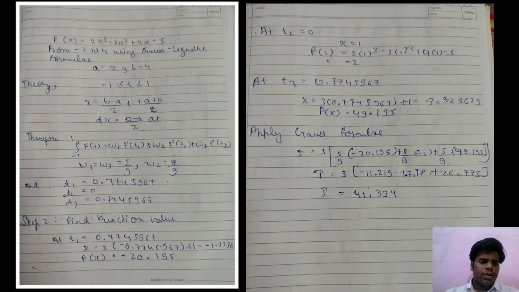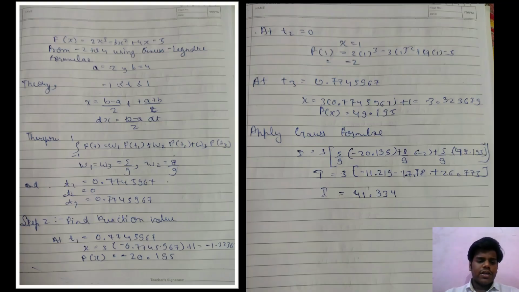Therefore, we have the formula: the integral from minus 1 to 1 of f(t) equals w1 f(t1) plus w2 f(t2) plus w3 f(t3). Now w1 equals w3 equals 5 by 9, w2 equals 8 by 9, and t1 equals minus 0.7745967, t2 equals 0, and t3 equals 0.7745967.